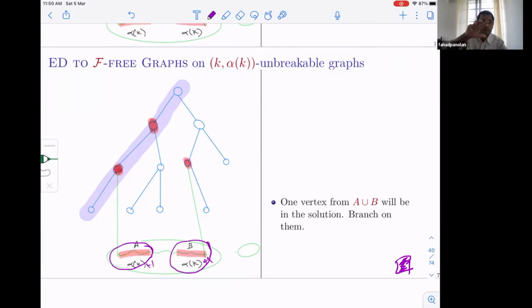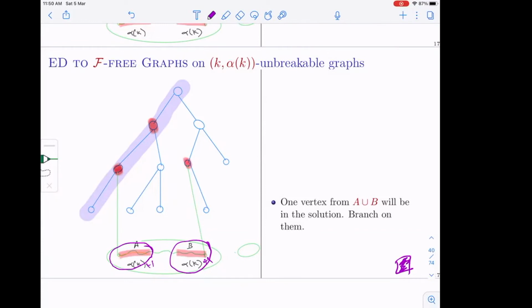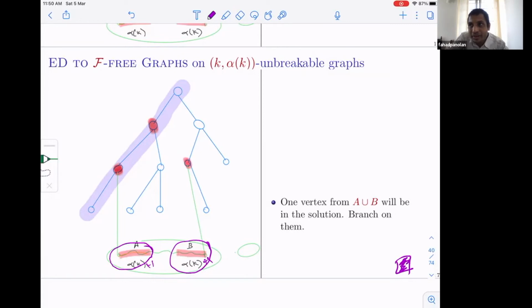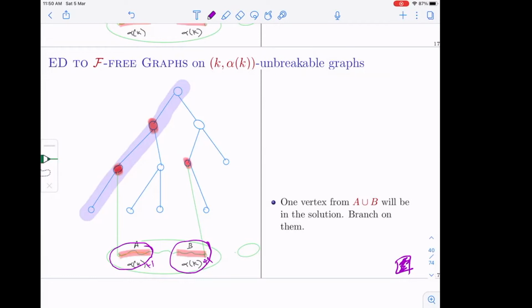The forest is given and you need to map vertices from G to this forest. But what is the complexity of the problem in general graphs? Given a graph G and a forest on K vertices, and you are also given this capital F, is this forest an elimination forest for F?